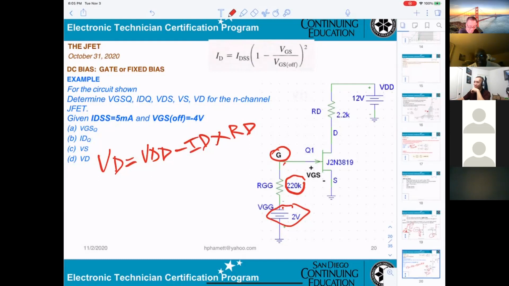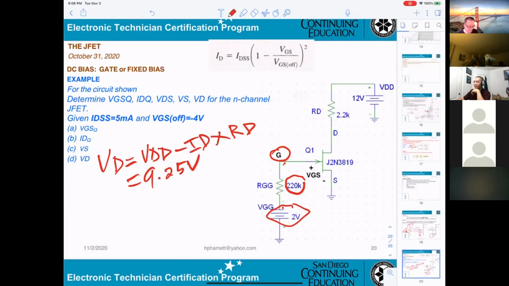Correct. The right answer, 9.25 volt. That's easy. Okay? You done? Done.